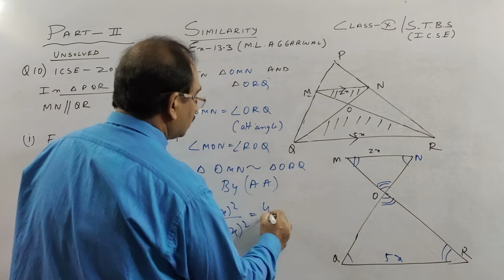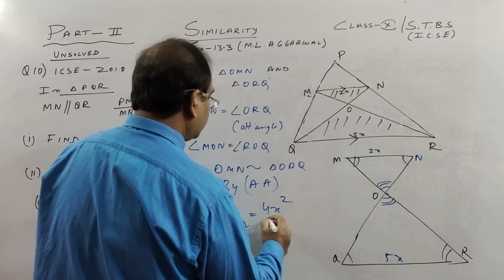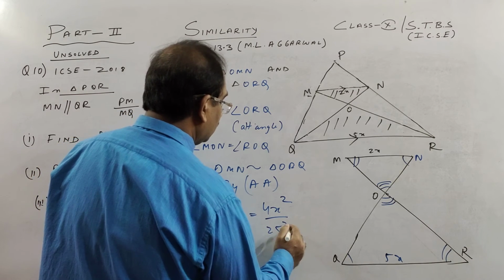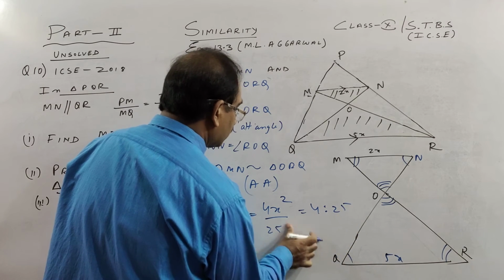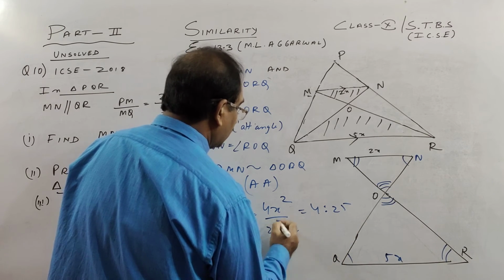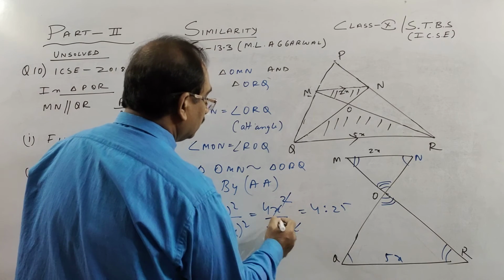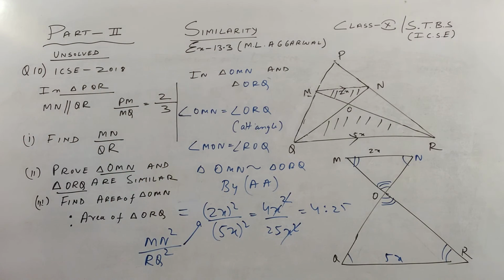So if you do, this is 4x square by 25x square. So you will get 4:25. X square will cancel, children. So the ratio of area is 4:25.